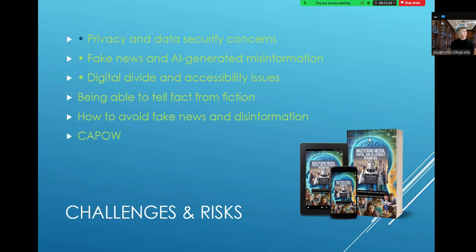Challenges and risks. Like with anything on social media or anything digital, you have privacy and data security concerns. And so I tell students that when they upload their essays into ChatGPT, do not include your name or your school.